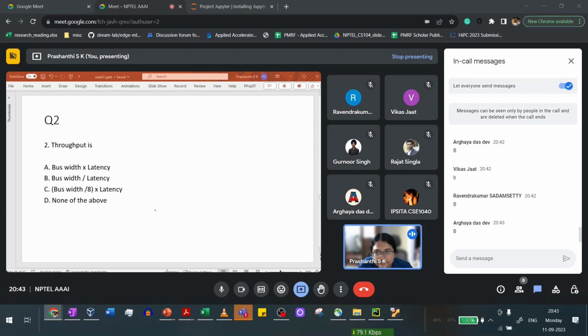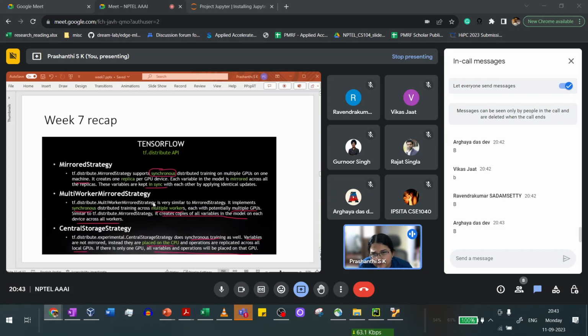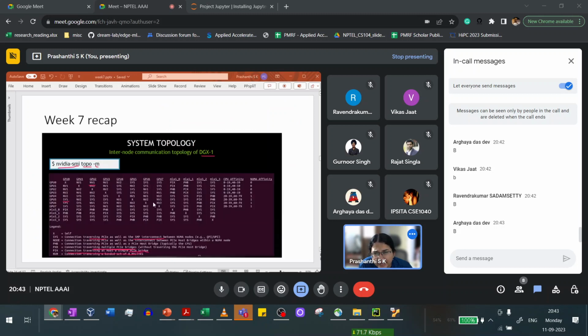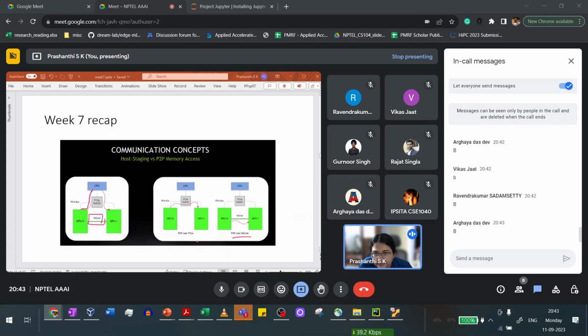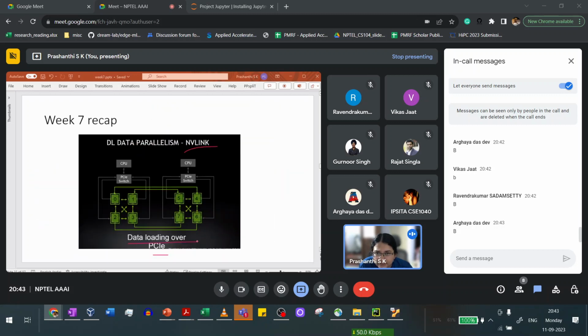B. Okay. Yes, it is bus width by latency. Again, I don't have an explicit recap because we had it in the earlier slides. So think about it. If you don't understand why, then we can talk about how that comes.